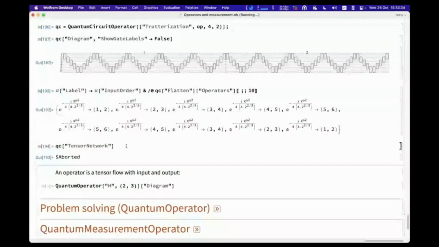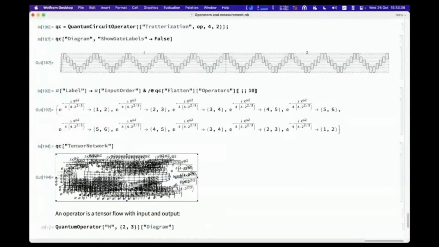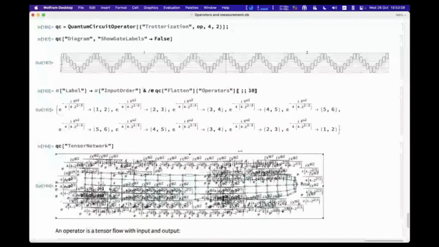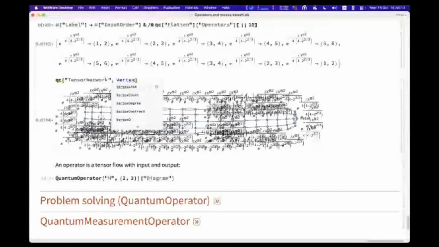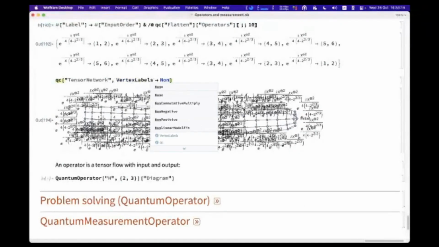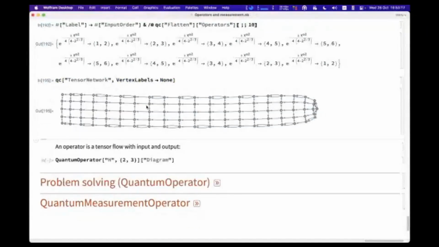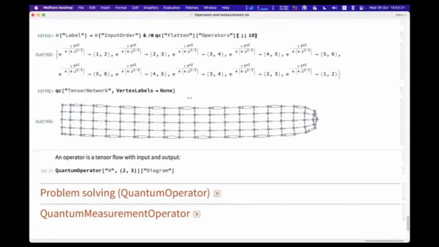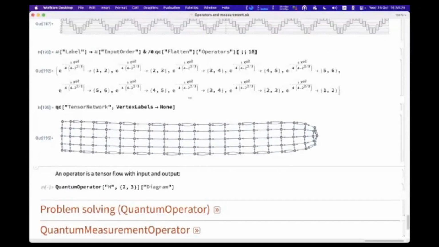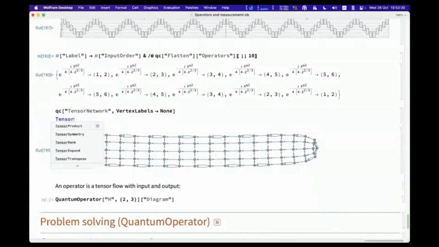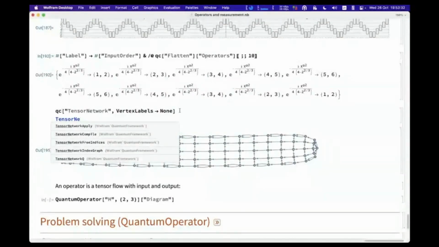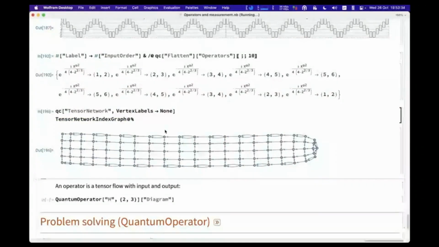Basically, this is a graph representation. Can we also show it with the indexes, like what was the function? Tensor network index, yep.